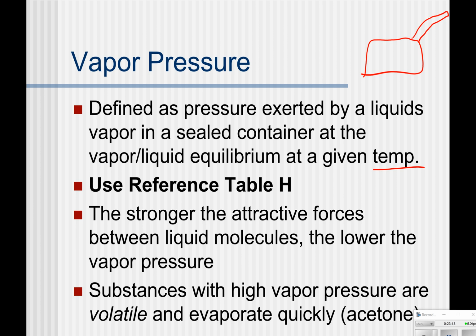If you've noticed this, if you leave a can of gasoline in the sun and you go to open the spout on the top, you're going to hear kind of a pop when you open it. And that's the gas that's been building up in there as it sits in the sun. And once you open the top there, you relieve some of that pressure.